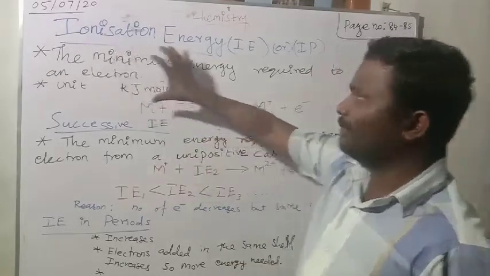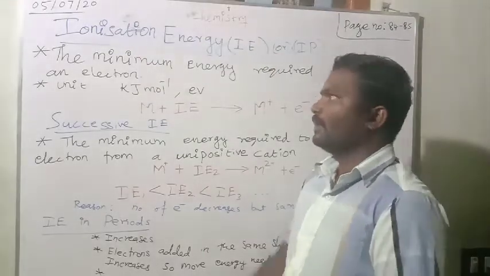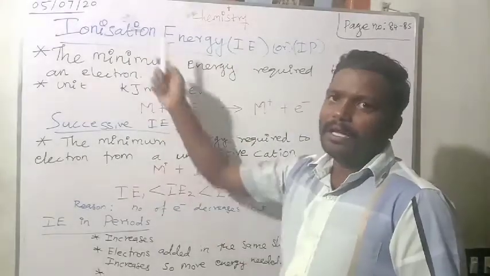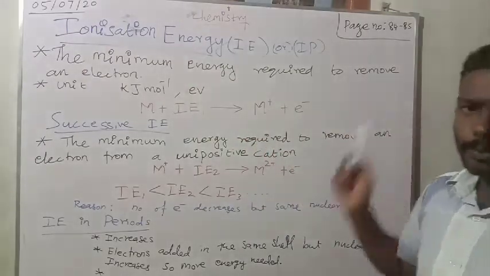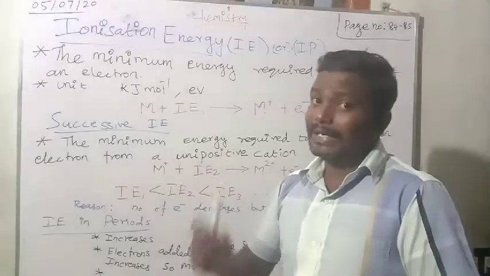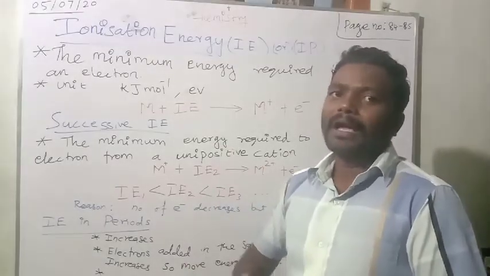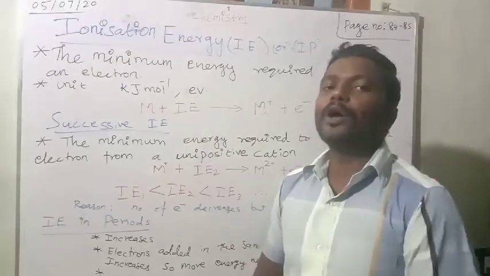As per the book definition, how will you define ionization energy? Ionization energy is defined as the minimum amount of energy required to remove one loosely bound electron from the valence shell of an isolated gaseous atom in the ground state.